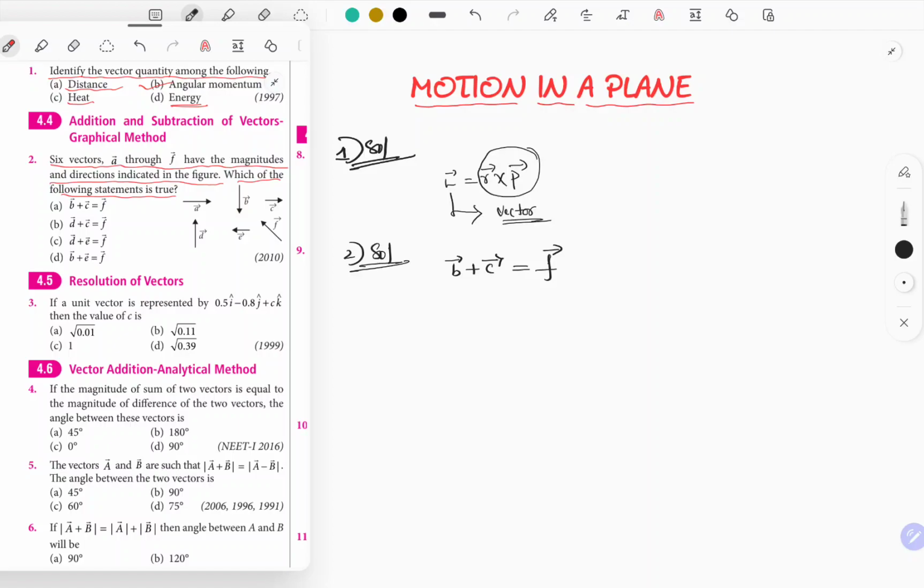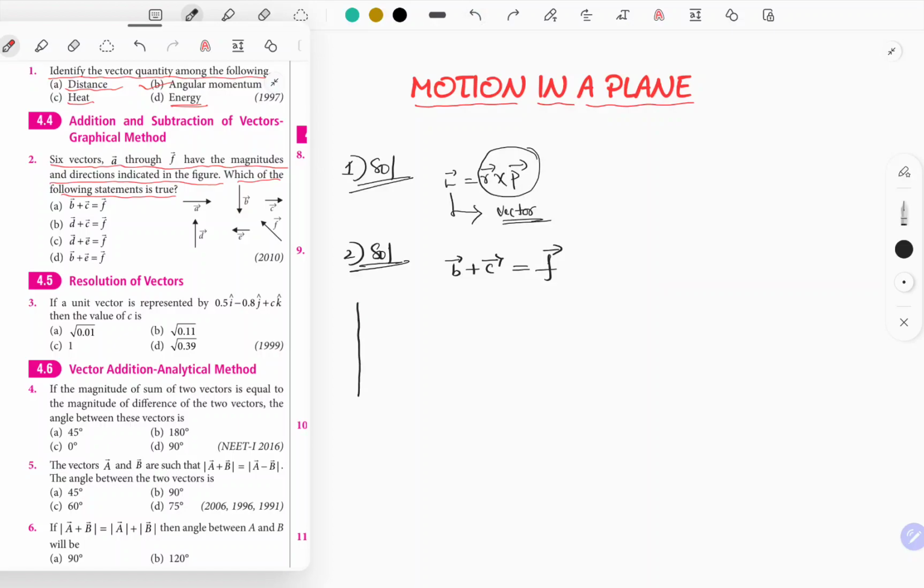See, the resultant vector is always in between the two vectors. Remember this. Now the B bar vector direction in that question is downward. Let me cross check the questions like this.